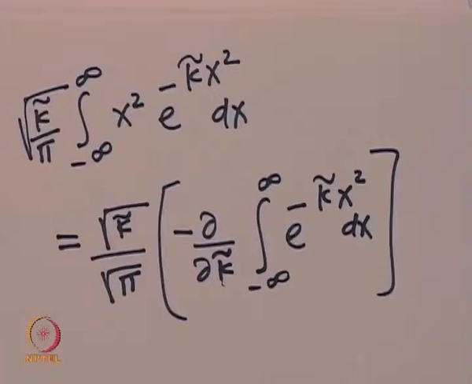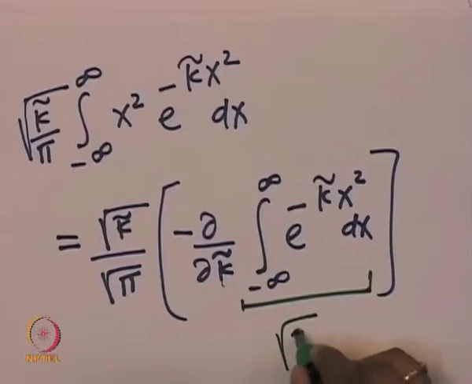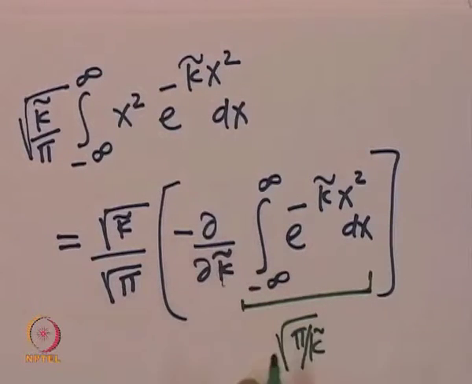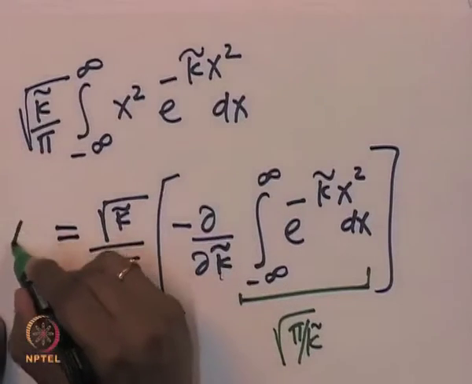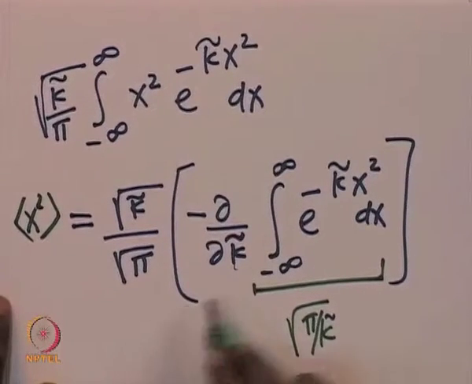If you do this carefully, you will get the answer, and we know that the answer for this is again a Gaussian integral: √(π/k̃). Once we have this, we can calculate the derivative and get the answer, which is basically the x² average. This is what we are calculating.